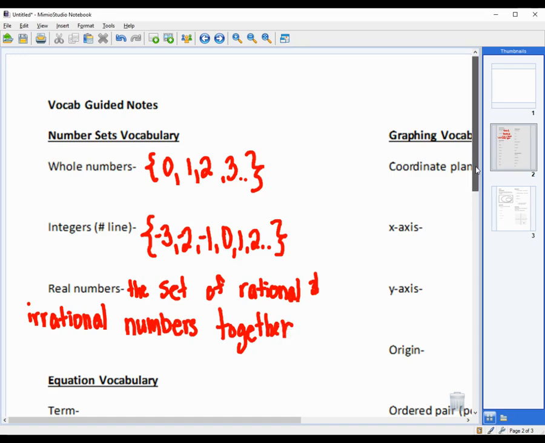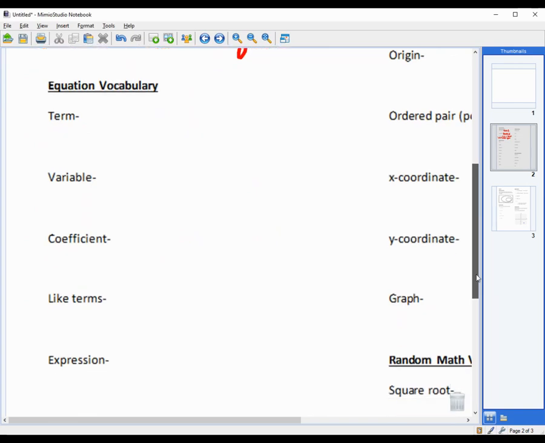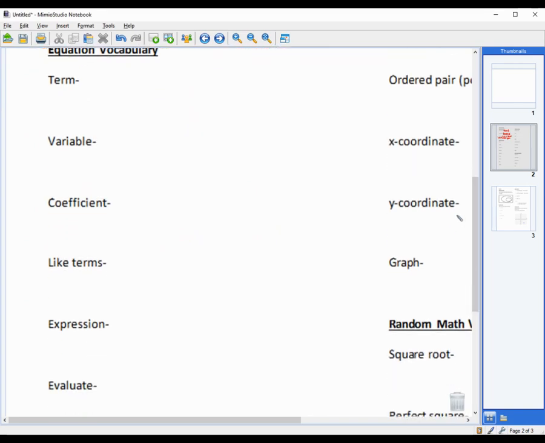All right, let's keep moving on here. Let's go down to term. A term is a number, variable, it could even be a product.